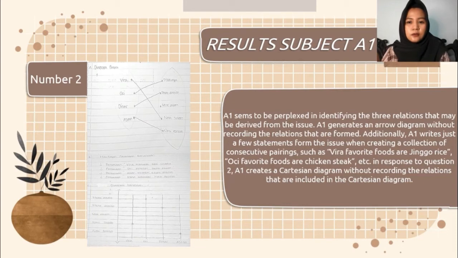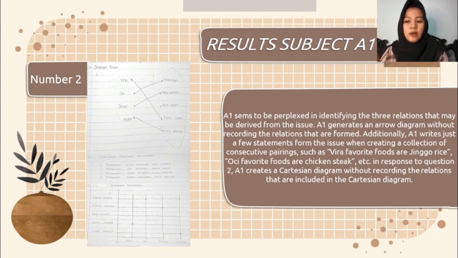Number 2. A1 seems to be perplexed in identifying the three relations that may be derived from the issue. A1 generates a row diagram without recording the relations that are formed.